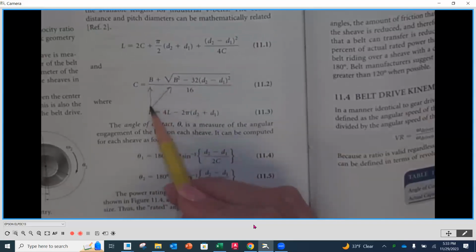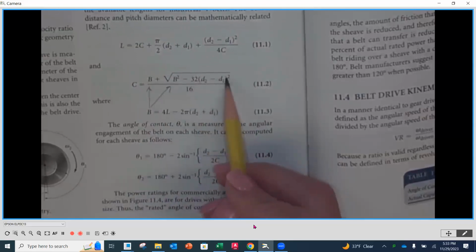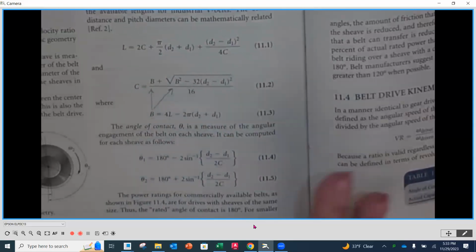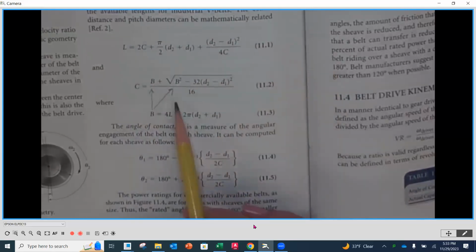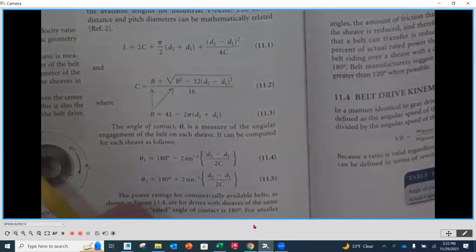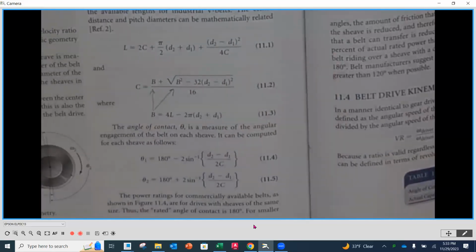Once you get B, you plug it into this equation with the pitch diameters of each one of the pulleys, and you find out what the actual center distance is. So we estimate it up here, and once we pick an actual belt, we plug that back in down here and calculate the actual center distance.